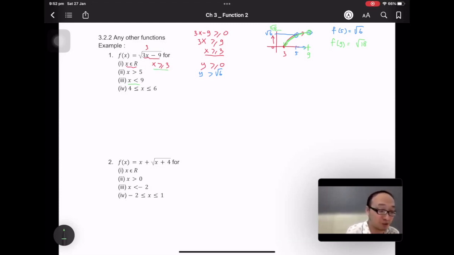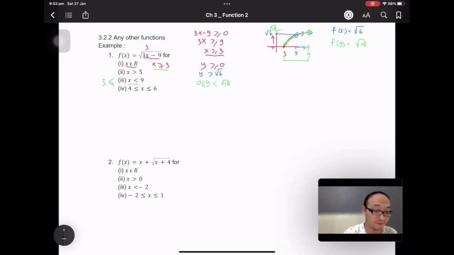So we have to restrict the domain: x should be between 3 and 9. And the range will be from 0 until root of 18, while the 0 is inclusive.